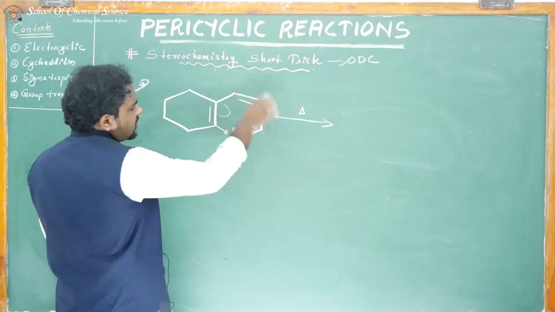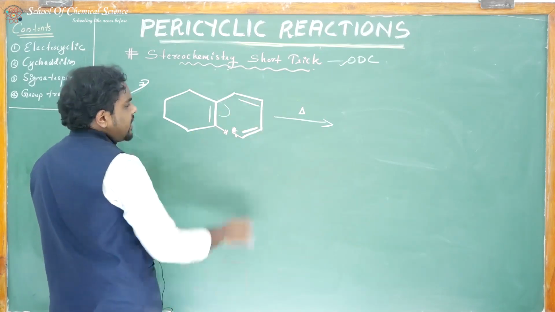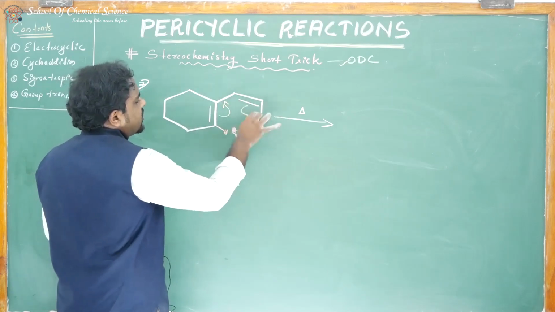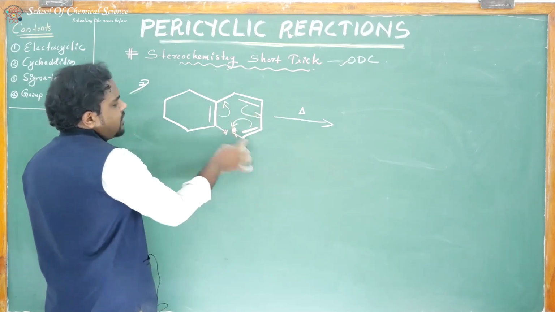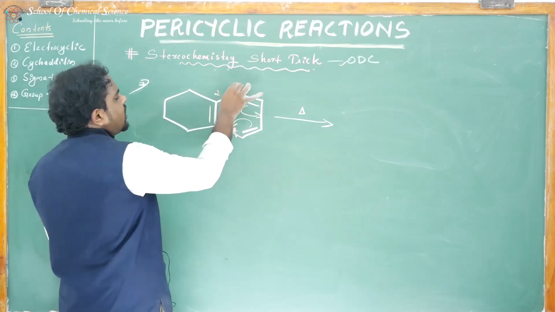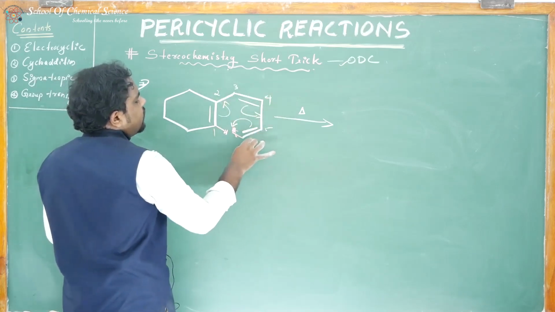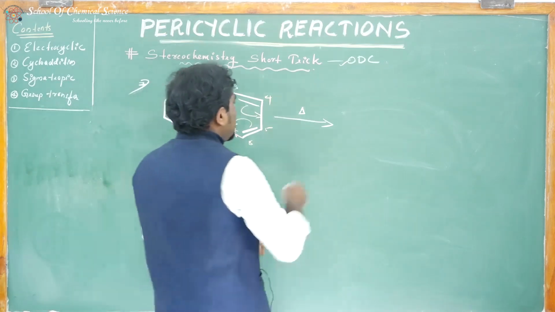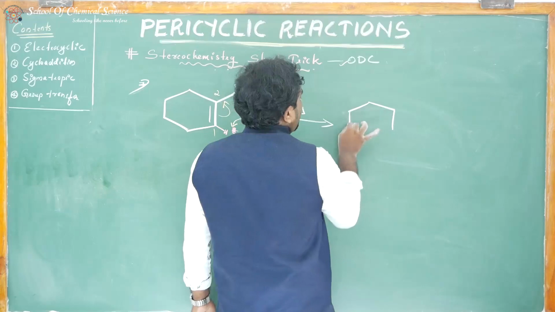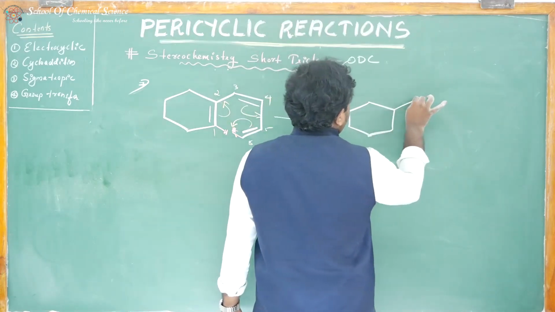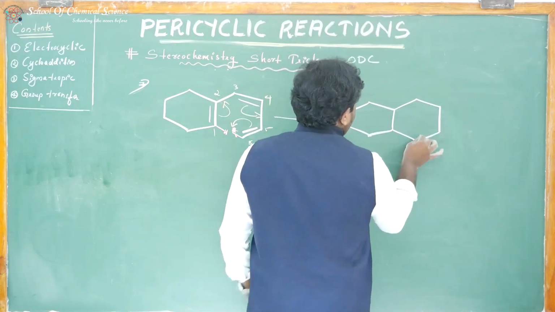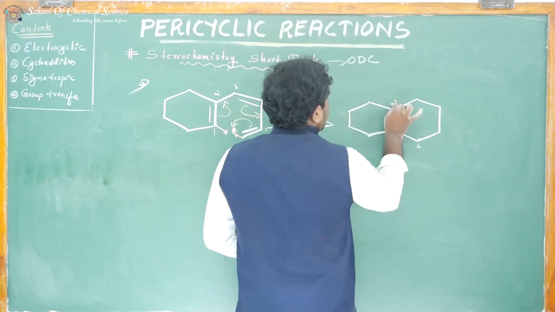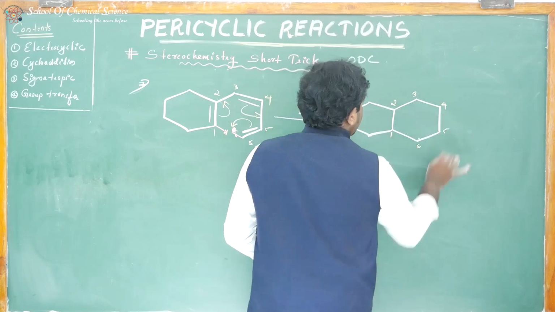This compound undergoes electrocyclic reaction because it is a conjugated polyene. This pi electron shifted towards here, this towards here. This will make a sigma bond here. This is carbon number 1, 2, 3, 4, 5, 6. So between 1 and 6, a new sigma bond is formed.